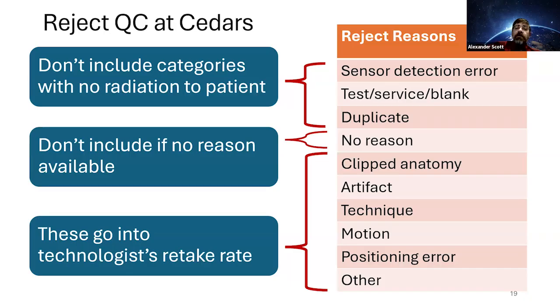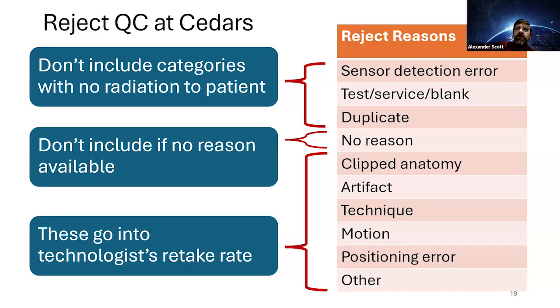But we use these three categories: sensor error, basically QC testing, or what we call duplicate, where the software generates an additional image for us to manipulate, but it wasn't because an additional exposure was made. It's just done in the software. So those are not part of the reject analysis. I don't include the no reason because we just don't know what's going on there.